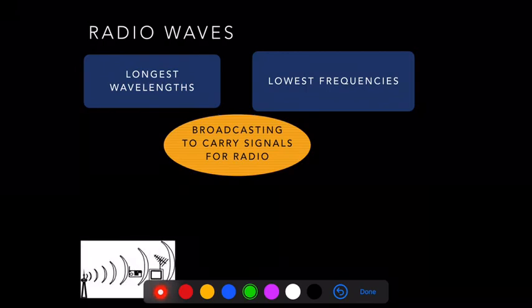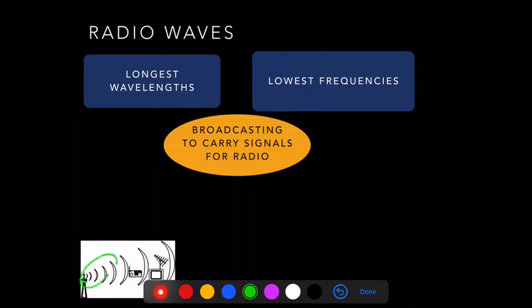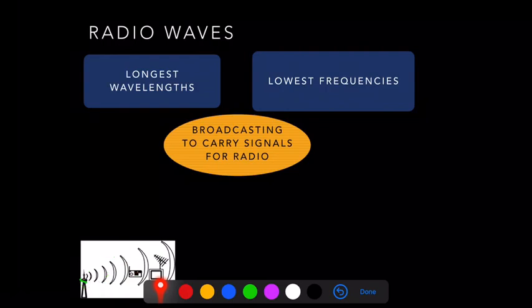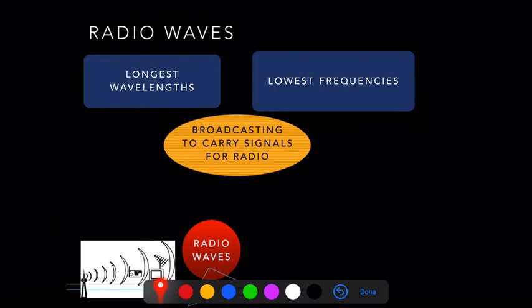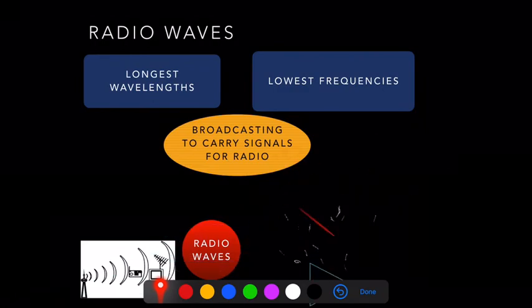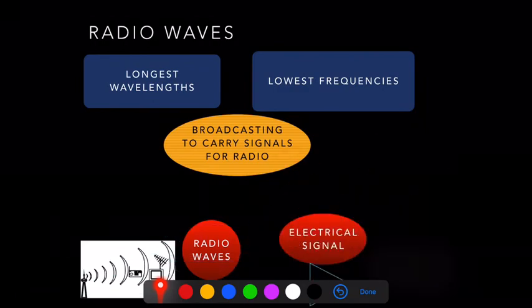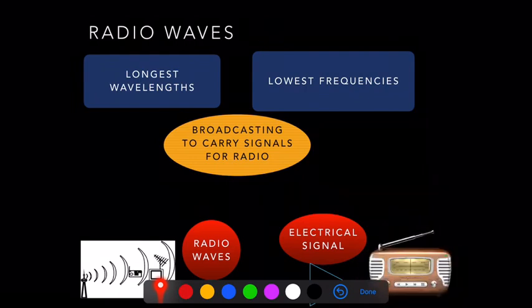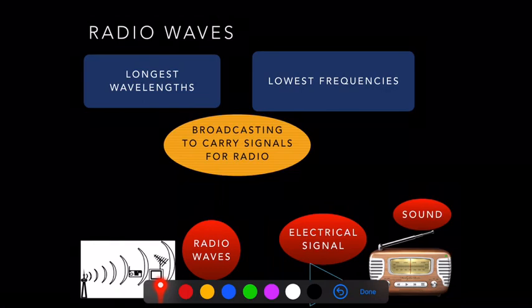Radio stations send a signal from here, and through these radio waves, it is converted to an electrical signal in the radio, and the radio converts it into sound waves. And that's how you can listen to the radio station. And these radio waves manage different types of waves.